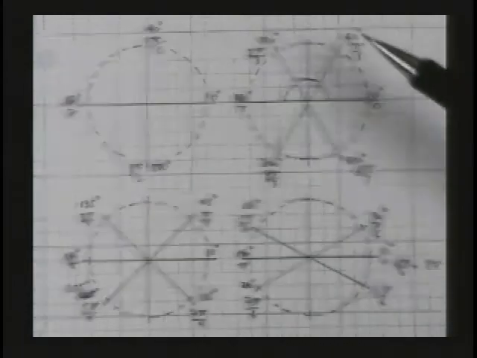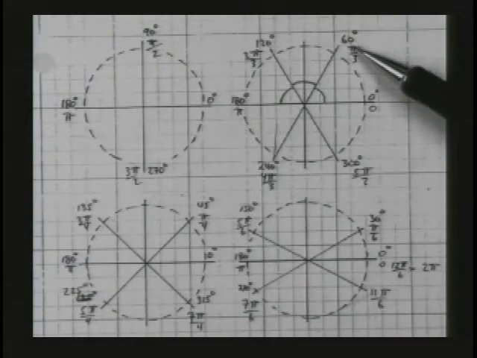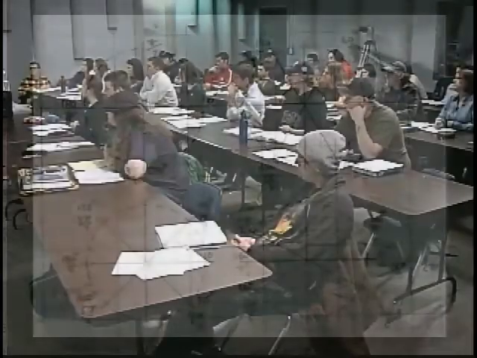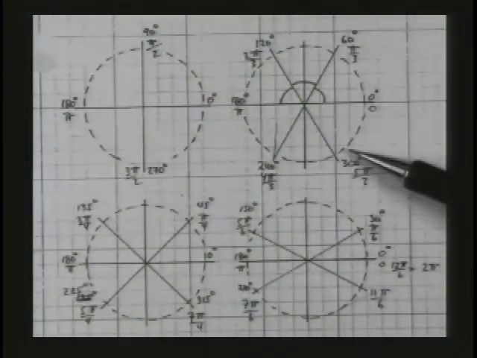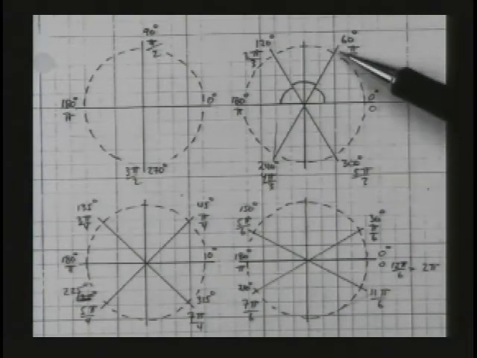How much of a revolution is 60 degrees up here? 1.05 radians. A portion of a revolution? It's not bigger than a revolution. It's 1/6 of a revolution. Just imagine this is a cake and you're cutting it up into 6 pieces, right? You're talking about 1/6 of a revolution here.